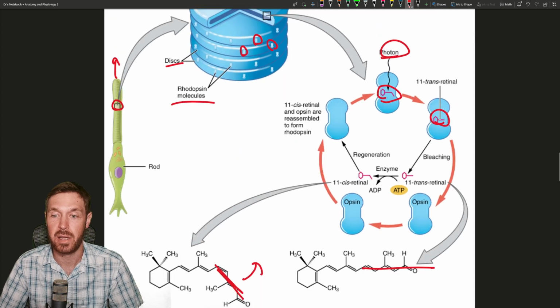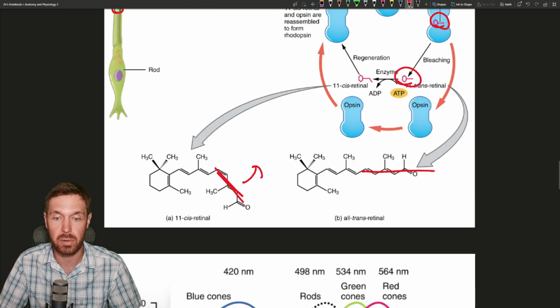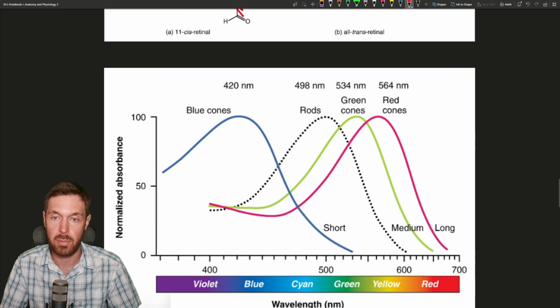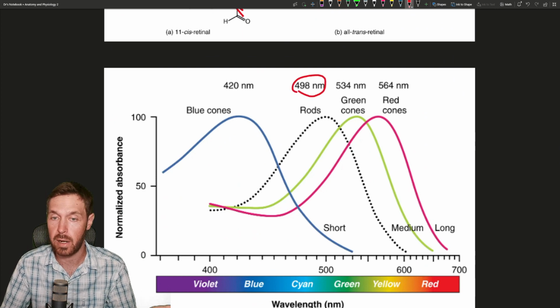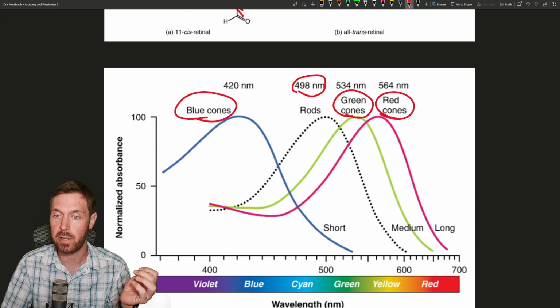The photon of light can cause that event to happen at that particular wavelength, and that then sends the signal. So kind of wild how that works. So here are the rods. Rods are most active at 498 nanometers. That's just a wavelength.